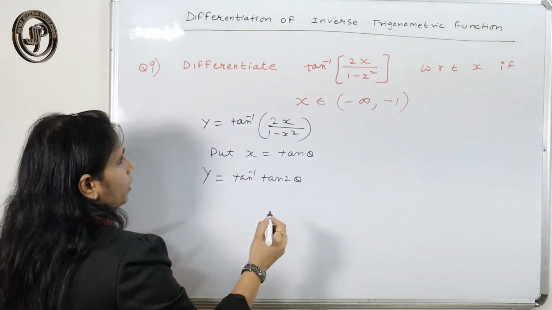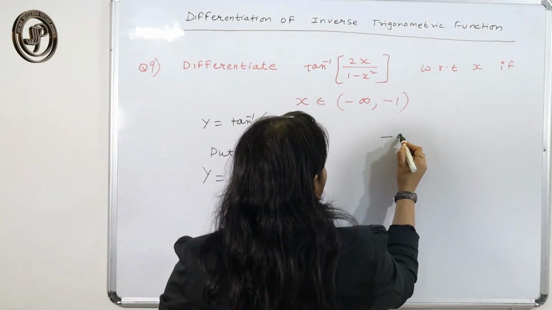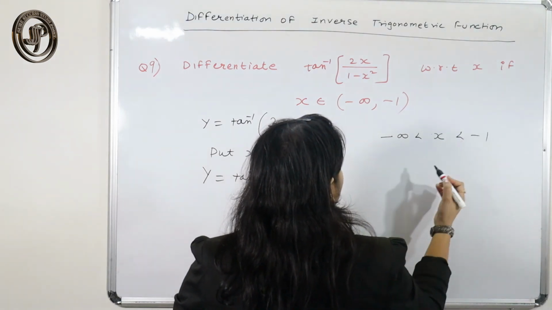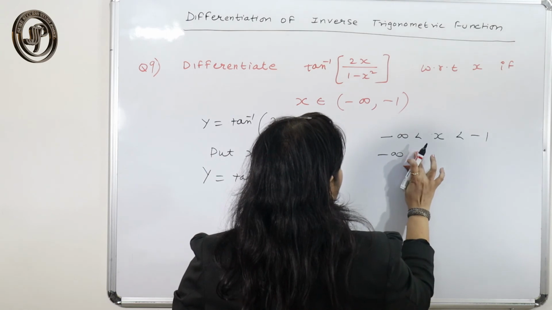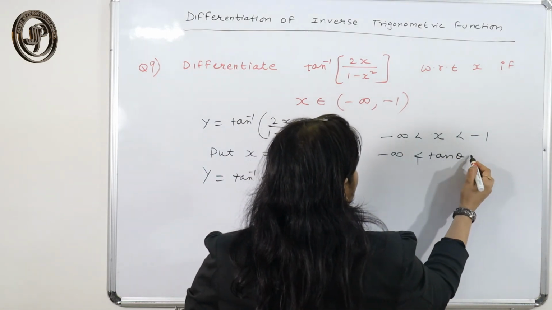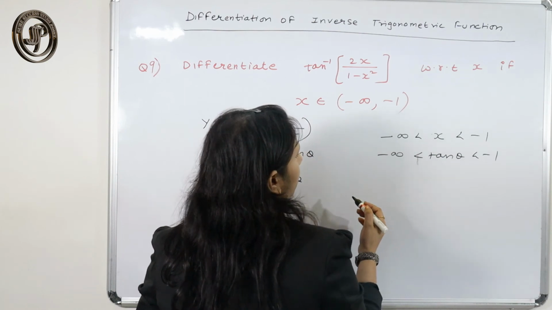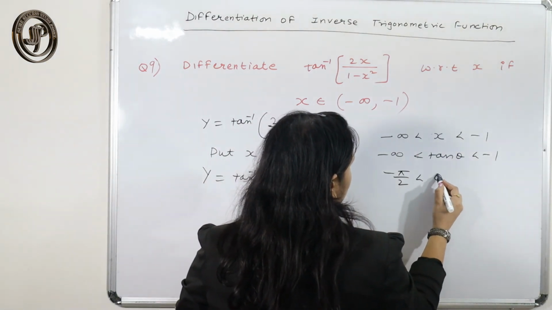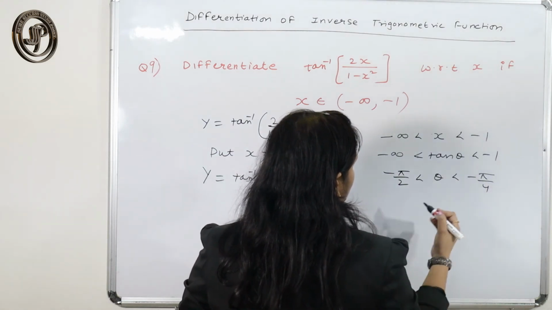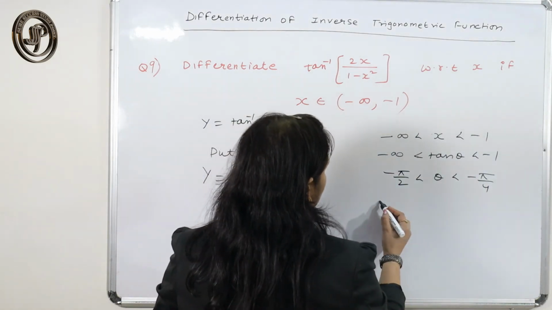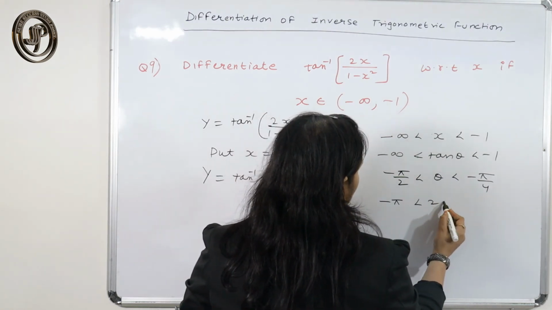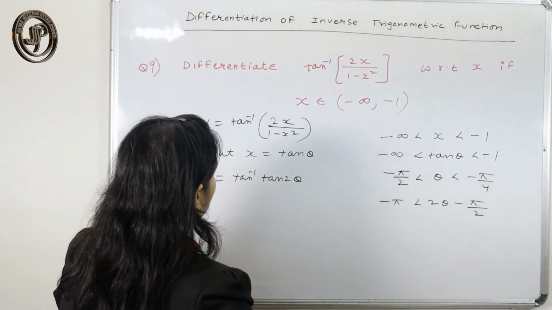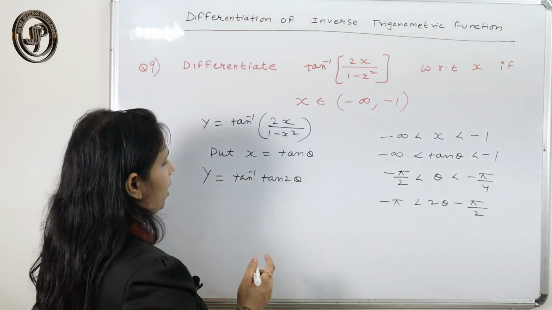Now just check the range of tan theta here. x belongs to minus infinity to 1, so tan theta will be minus infinity at minus pi by 2 and 1 at pi by 4, right? Now for 2 theta, this will become minus pi and this will become pi by 2, but that is not coming under the range of tan inverse.